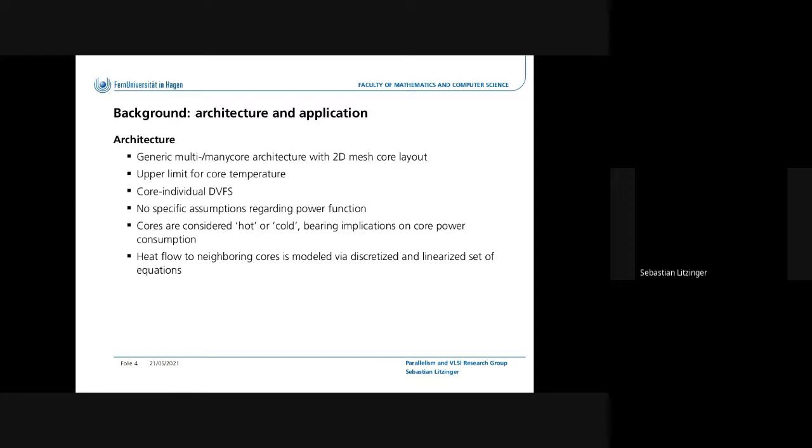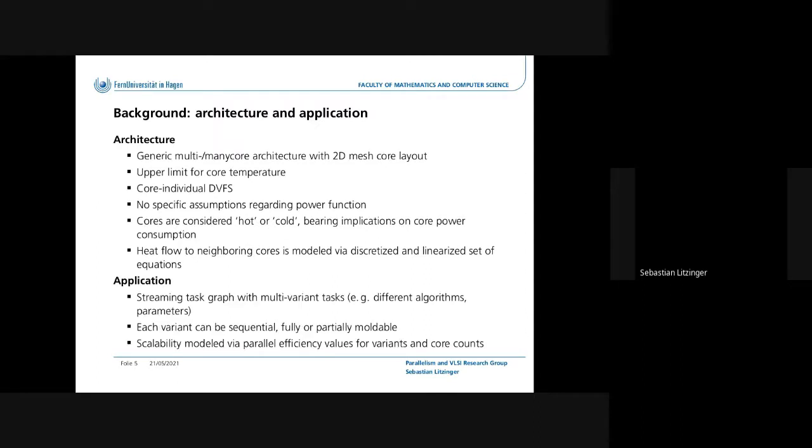We will make no specific assumptions about the power function, and the modeling of the temperature will be pretty straightforward here in the way that we simply classify cores as hot or cold. You could, of course, do this in a more fine-grained way, but this is how we started to do that. And we then have the according power consumption values. Of course, the heat diffusion also needs to be modeled, and we did this in a way that we could incorporate that in the ILP at the end.